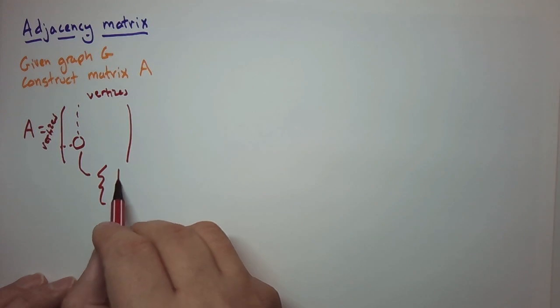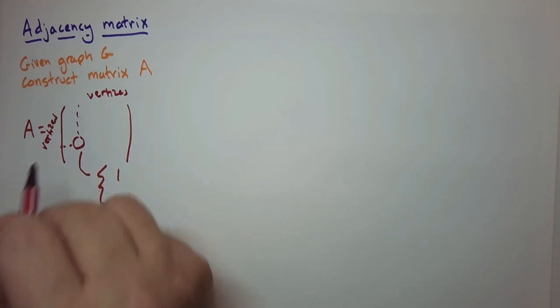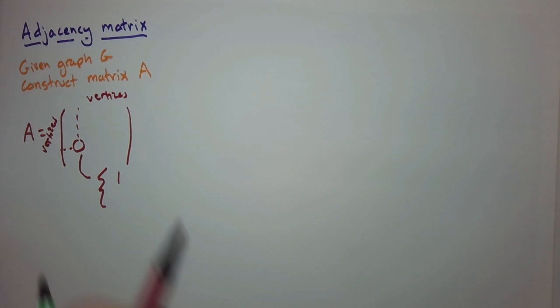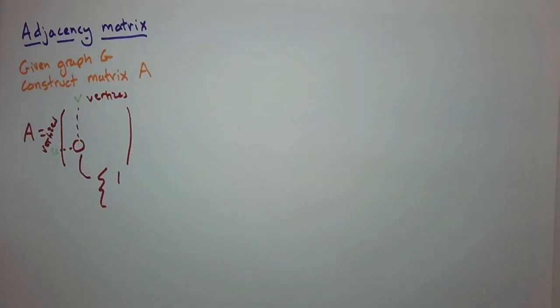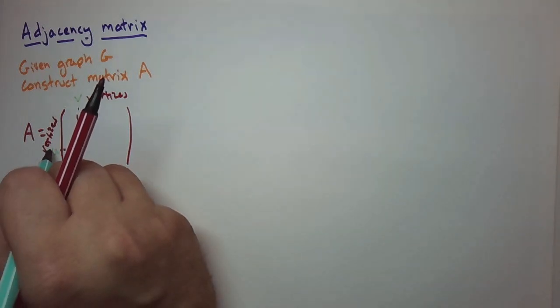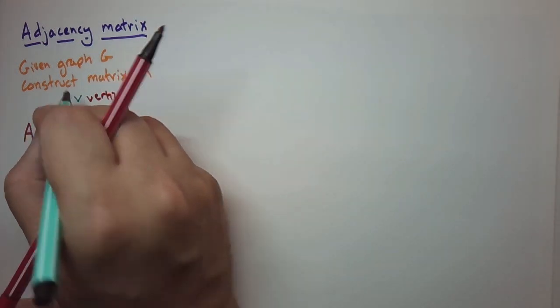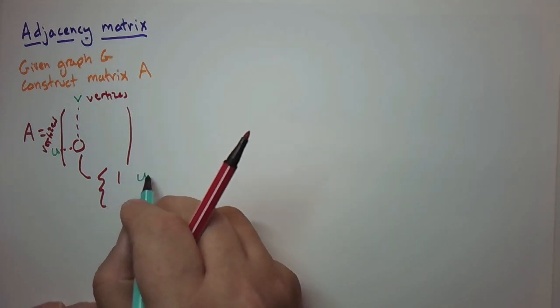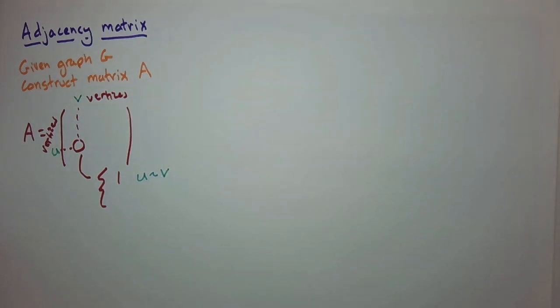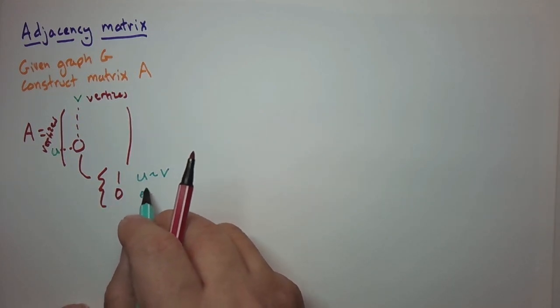Namely, labeling some vertices U and V, U for the row, V for the column, the entry is 1 if U is adjacent to V, and we use a little squiggle line as shorthand for adjacent, and 0 if it's not.